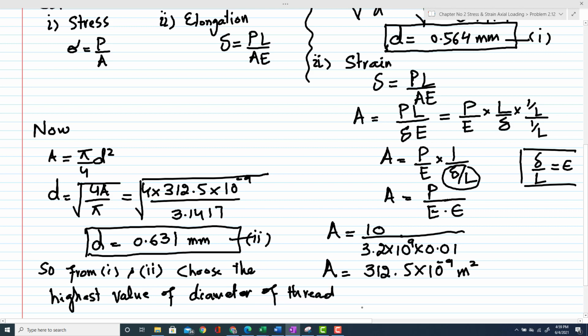So the answer is D is equal to 0.631 millimeter. So this was our answer regarding the question that has been asked to solve. So D equal to 0.631 millimeter is the correct answer.